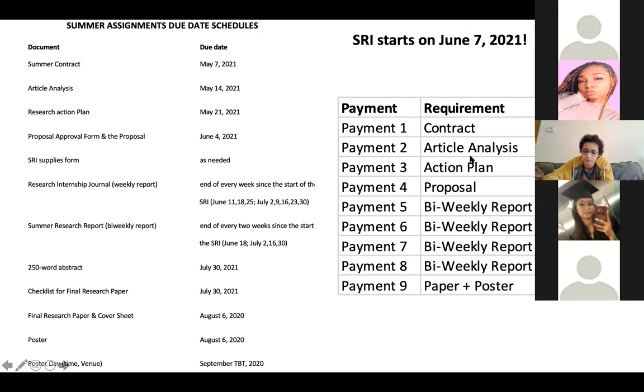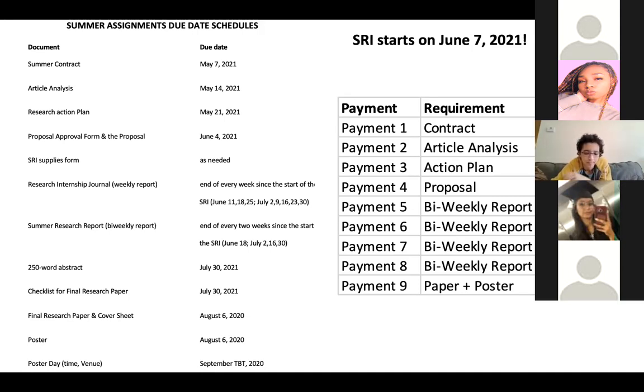Then you're going to get your second payment after you submit the article analysis, and your third payment when you submit your action plan. Then once we get your proposal, we can disperse the fourth payment.